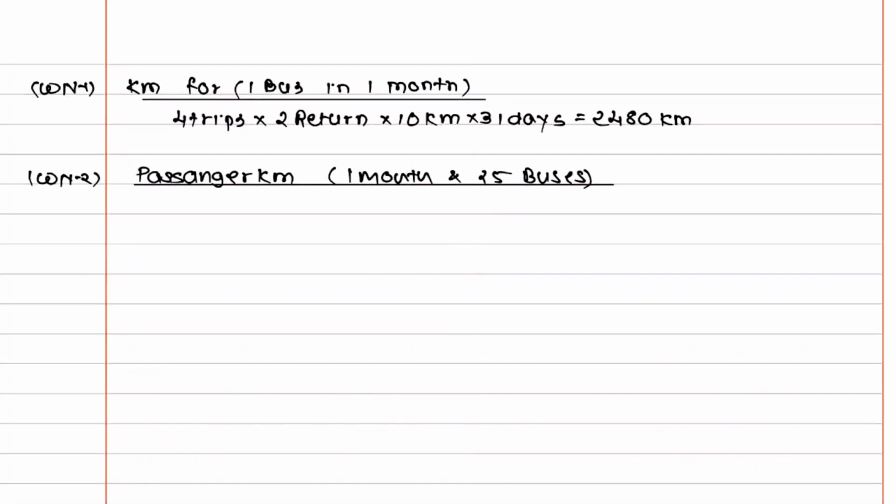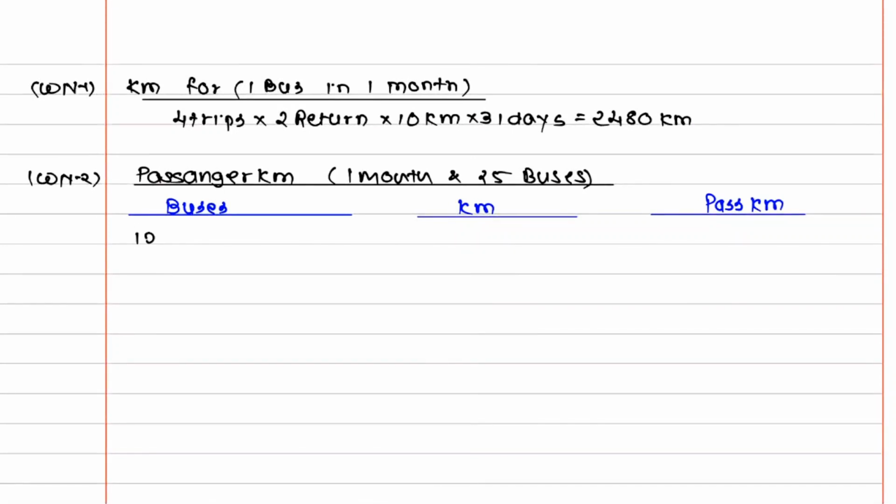Now, how are you going to get the answer? Let me write buses, then we're going to get kilometers, and we're going to get passengers. Directly, passenger kilometers over here. First, let's talk about 12 buses.